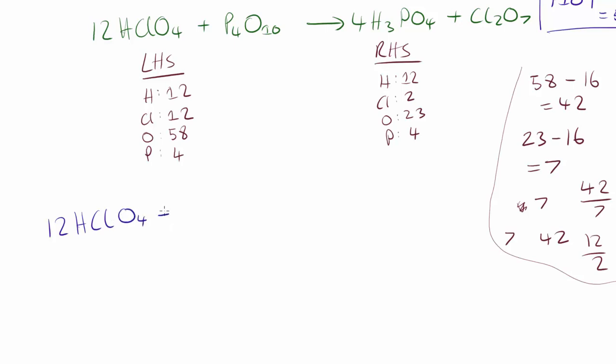HClO₄ plus P₄O₁₀ produces 4 H₃PO₄ plus 6 Cl₂O₄, right?